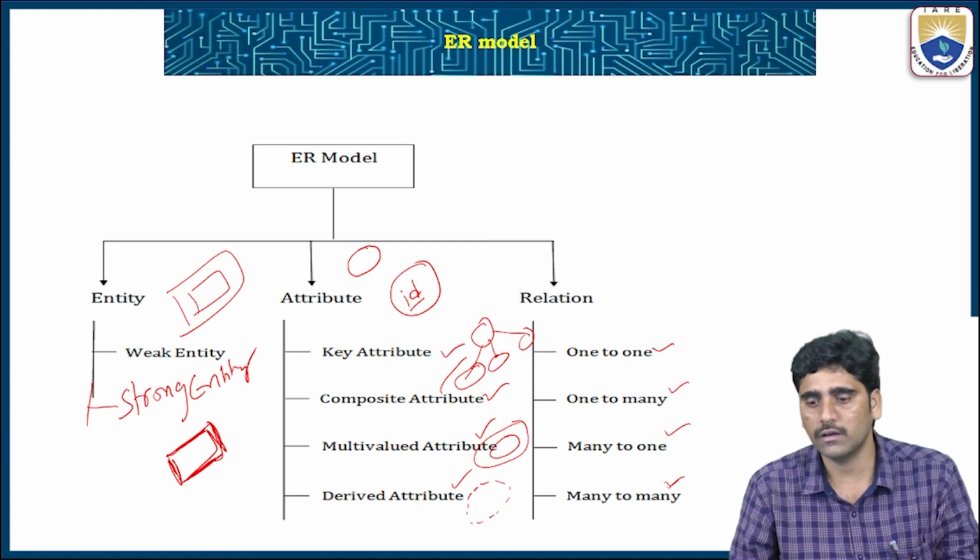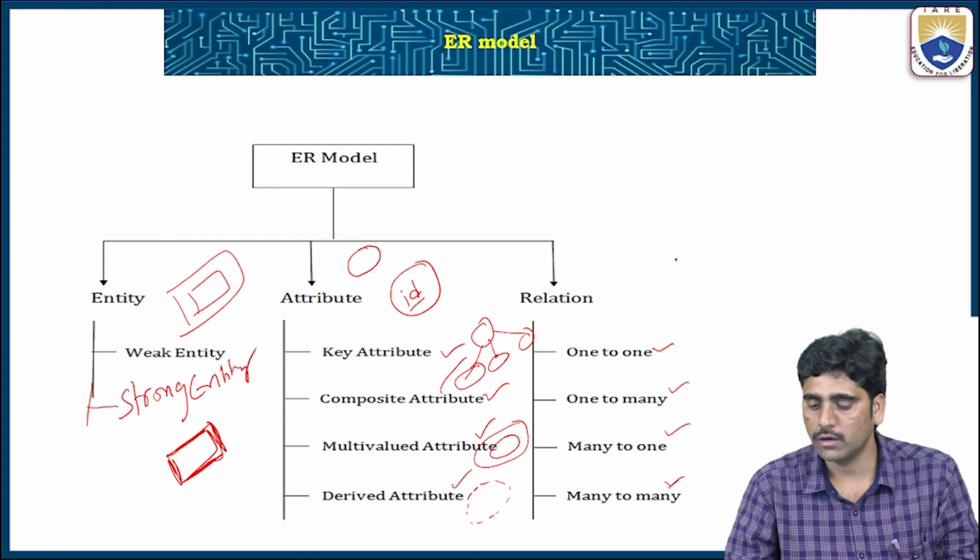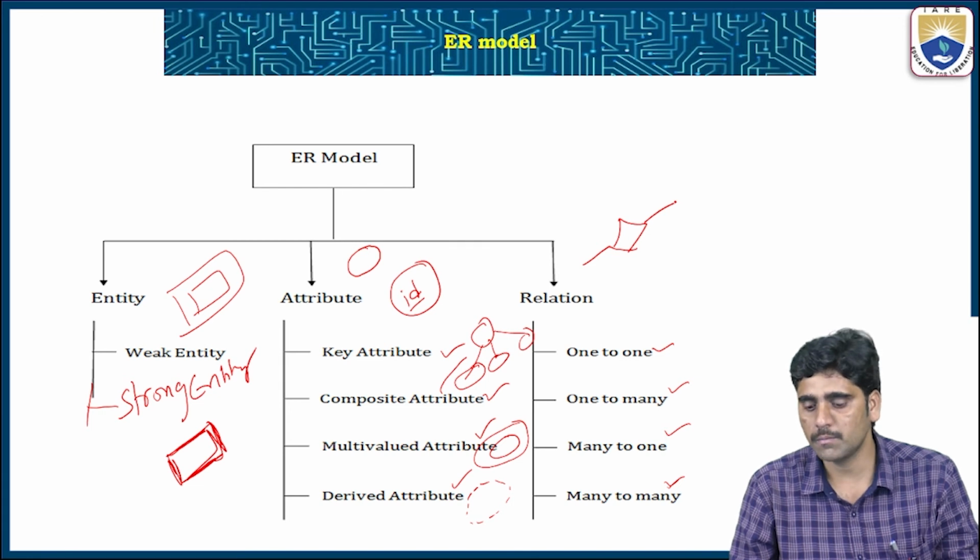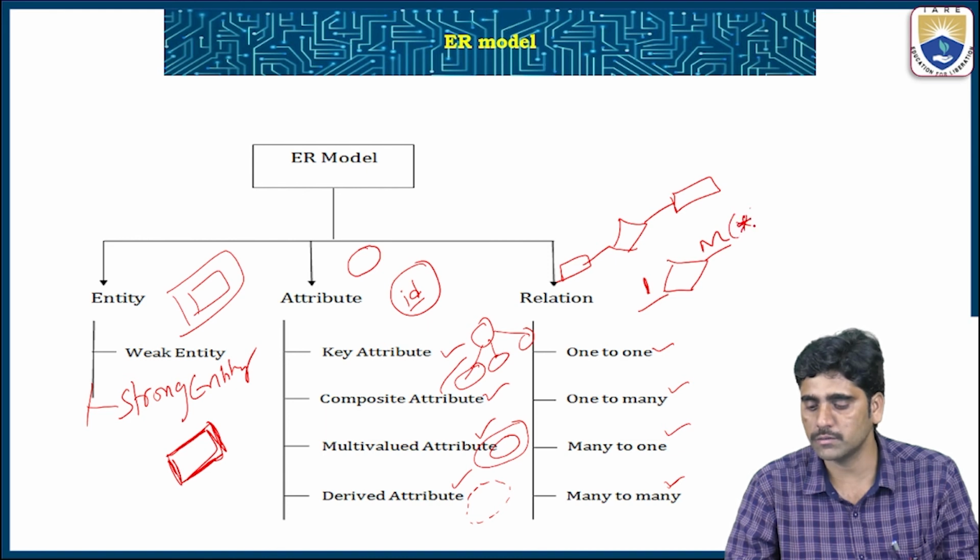And for relations, a relation is represented with the diamond symbol, associated with the two entities. For the cardinalities, we mention that the left side is one instance and the right side is many instances. Many can also be represented with a star symbol.